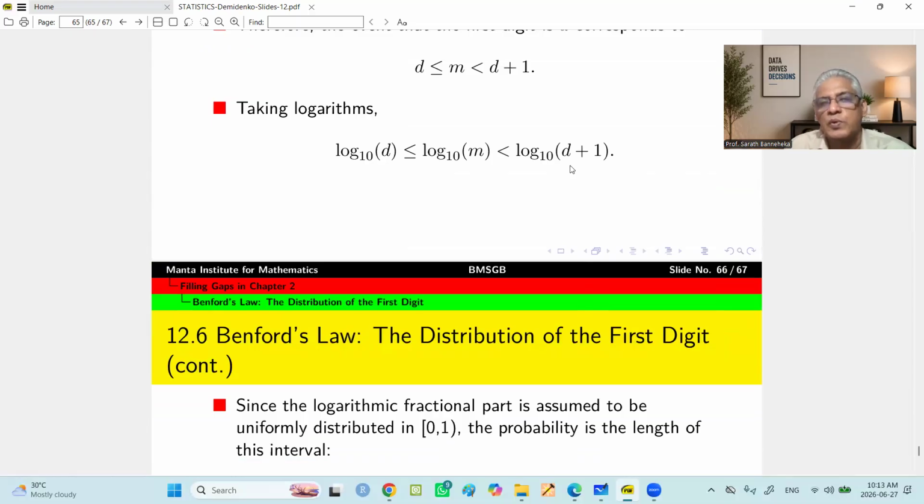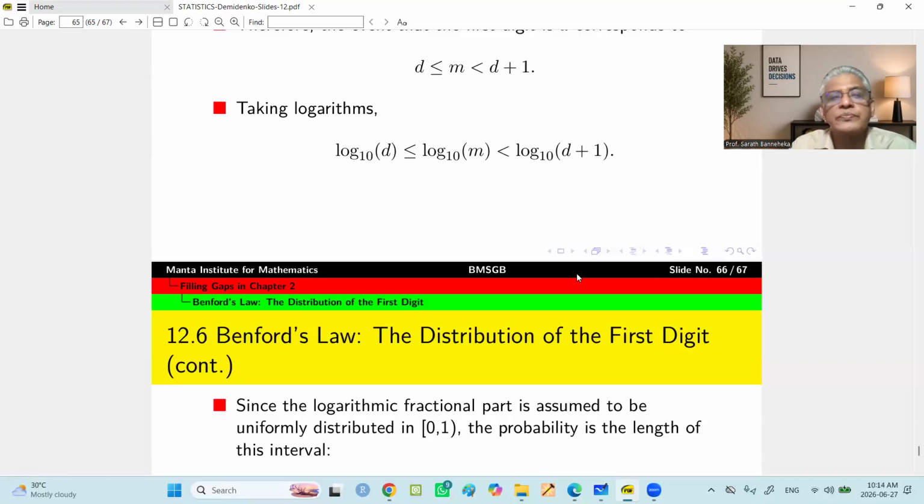So the probability that capital D is equal to simple d will be the probability that log m is between these two when this quantity is uniformly distributed in the interval 0, 1. In the uniform distribution in the interval 0, 1, the probability that the quantity will be in a given range is equal to the length of that range.